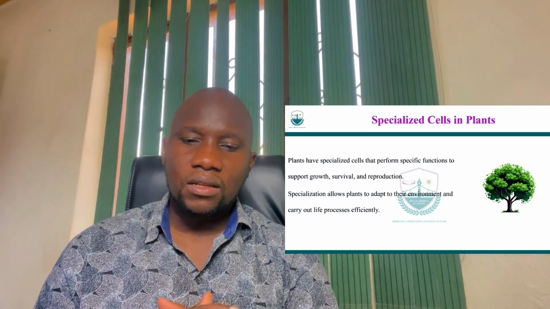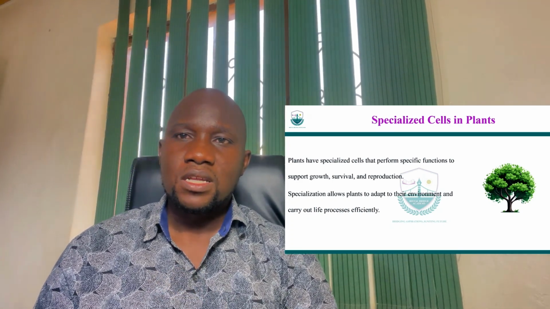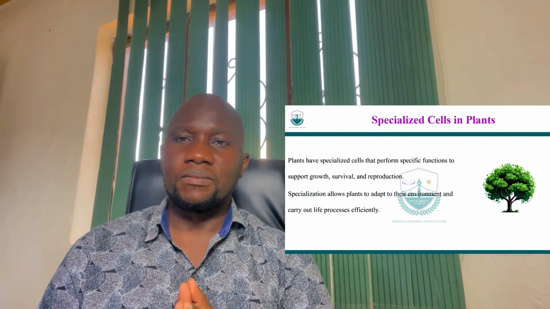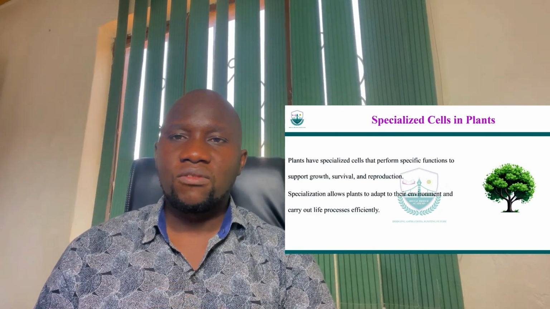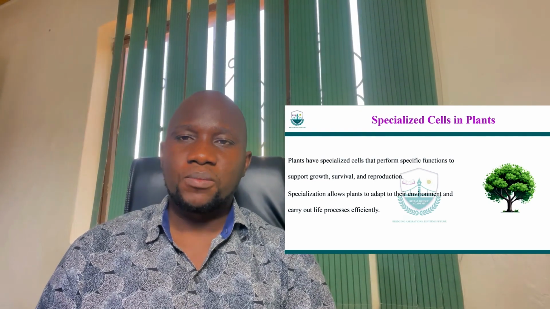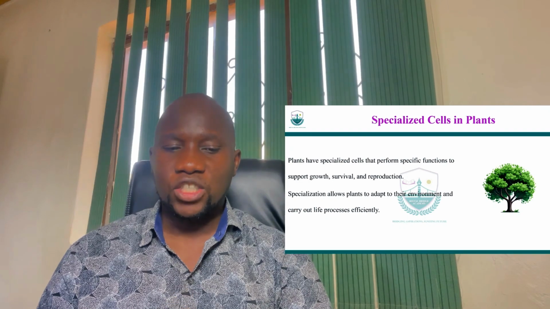Plants have specialized cells that perform different functions. That means that plants are multicellular, they have several cells, and these cells can perform several functions, but you have specific cells that perform particular functions.